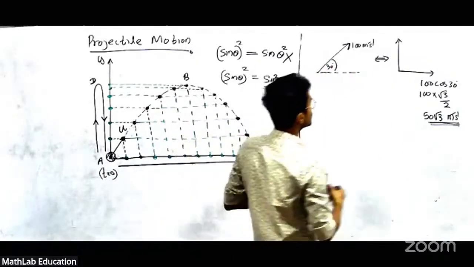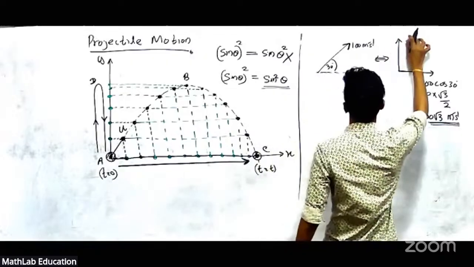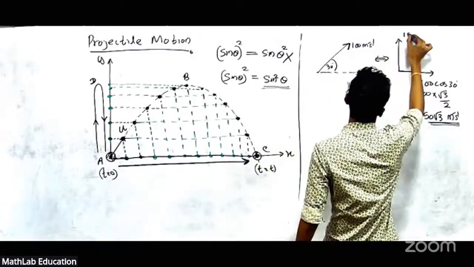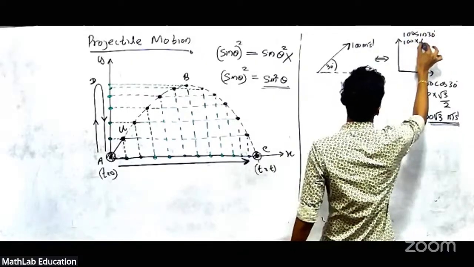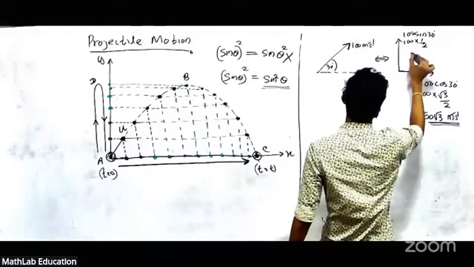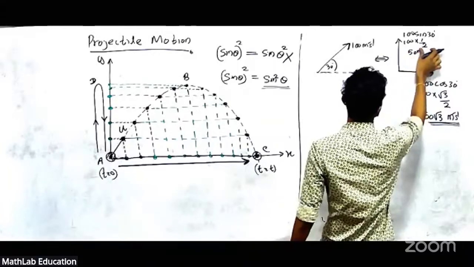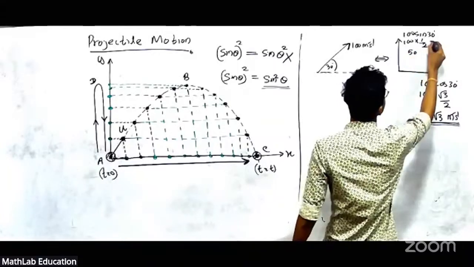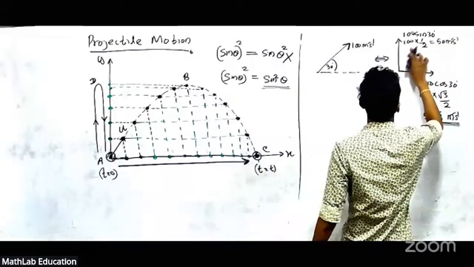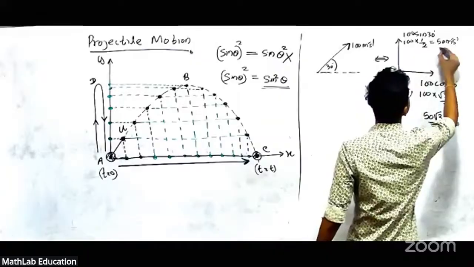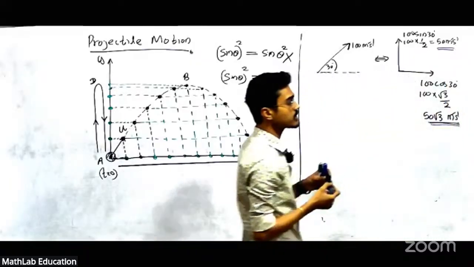And the vertical component is going to be 100 sine 30. Sine 30 is half, which means 100 into half, 50 m/s. Which means the vertical component of this is 50 m/s.